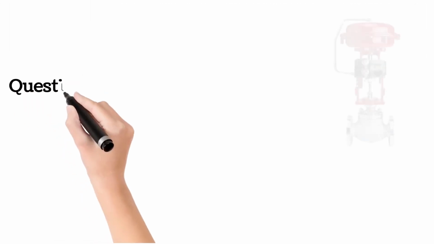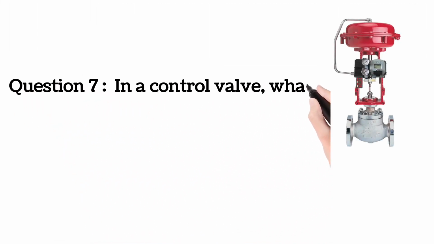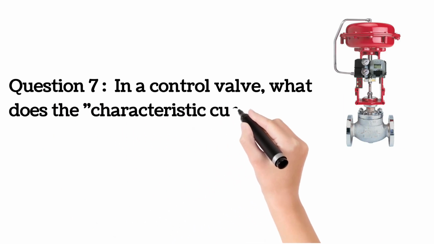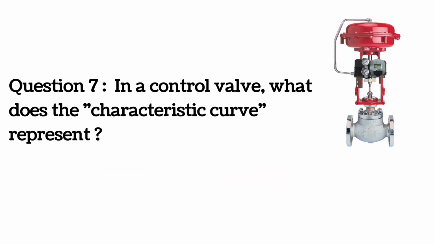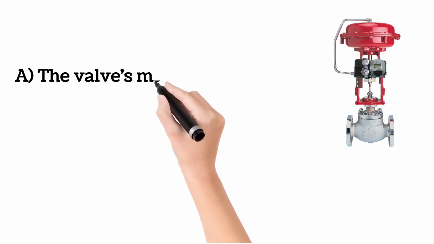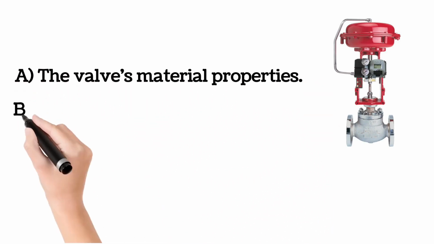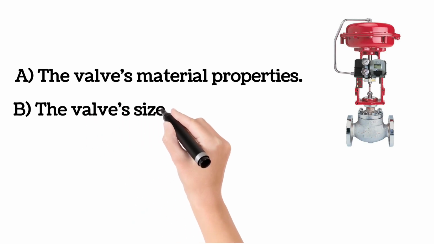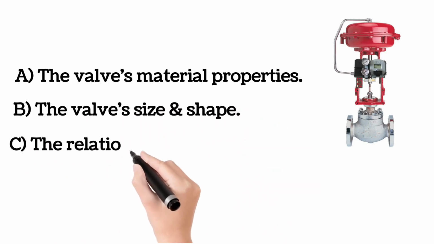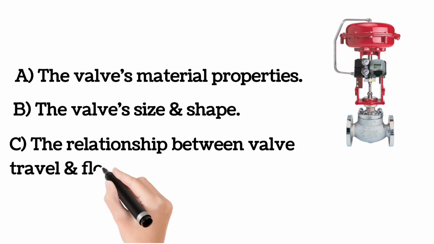Question 7 is, in a control valve, what does the characteristic curve represent? A. The valve's material properties. B. The valve's size and shape. C. The relationship between valve travel and flow rate.